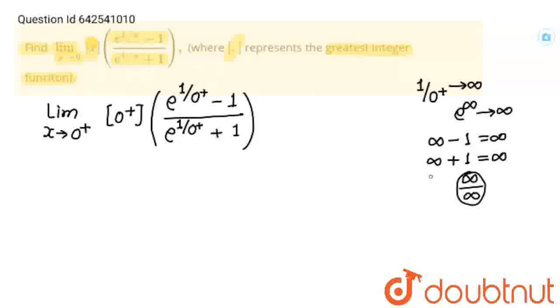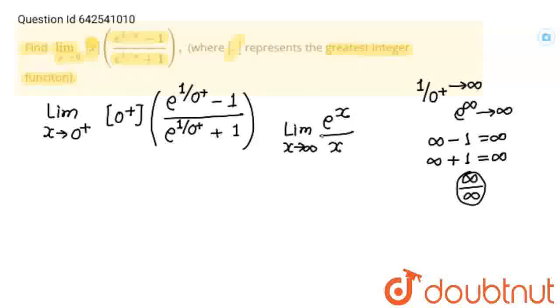How do we solve infinity upon infinity? We see which infinity is greater. This is the concept. Whenever you face infinity upon infinity, always try to see which infinity is greater. Let me explain this concept. E to the power x upon x, limit x tends to infinity.